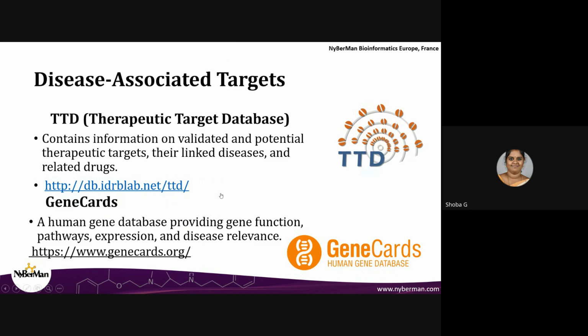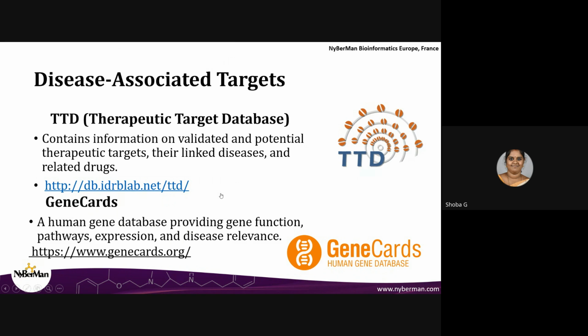But this database is uniquely for the targets, that is the protein, that is virulent protein or biomarker protein related to disease, which was reported in clinical trials under different phases by certain drugs. So that is experimental evidence.